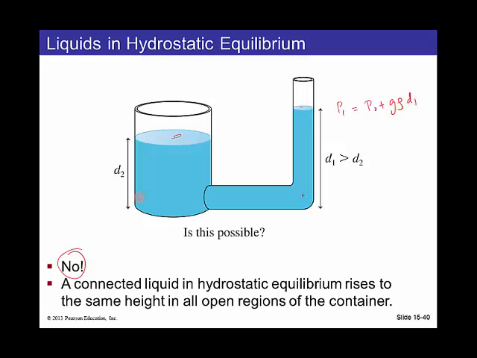And then here you would have P2, which is equal to P0 plus g rho D2. What that means is these two pressures would be different, and that would mean that there's going to be a flow. So what this is telling you is that the only possibility is that the liquid is going to stay at this level.